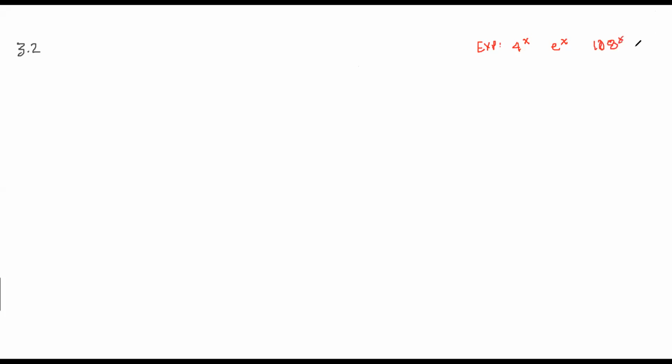All of these are exponential functions, versus a power function, which looks like x to the 2, x to the 108, or x to the n, essentially, where n is some number. So in a power function, x is in our base, and in an exponential function, it's in the exponent. And that's the difference between these two.